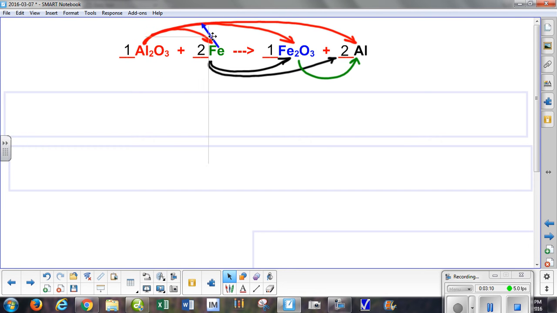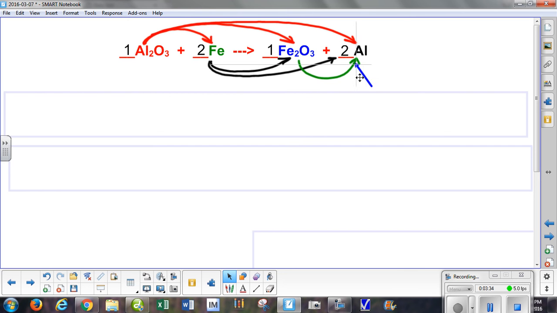Aluminum to iron 3 oxide, to aluminum. Iron hooked to iron 3 oxide and aluminum. And then you see as I go to this guy to hook him to someone else, there's only one left. I don't need to worry about the guys to my left. I just continue looking forward.